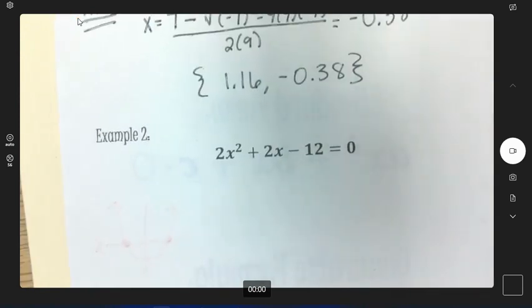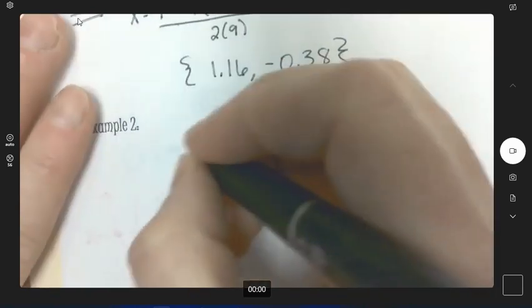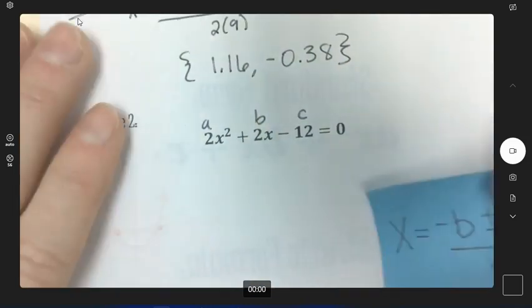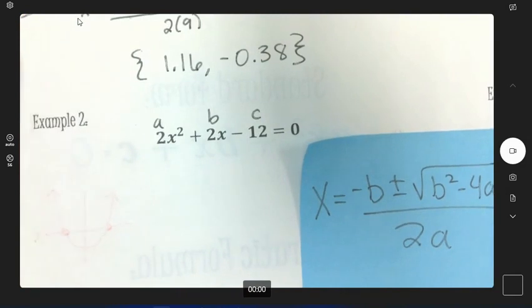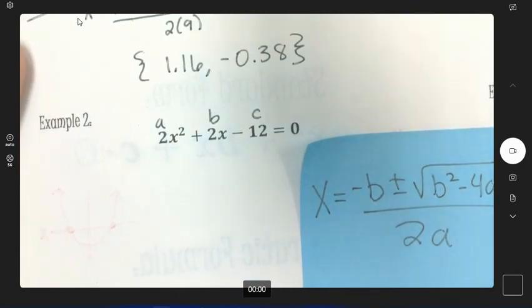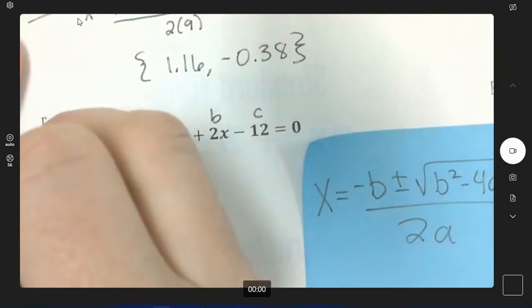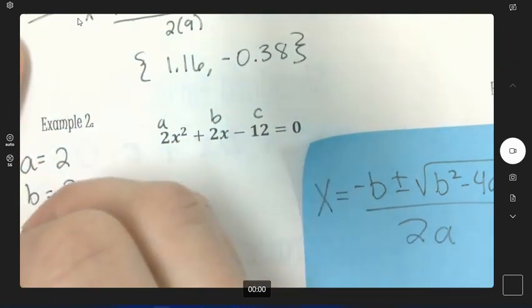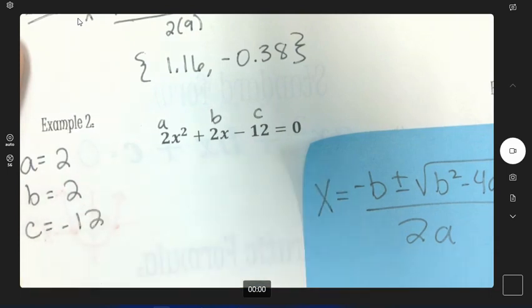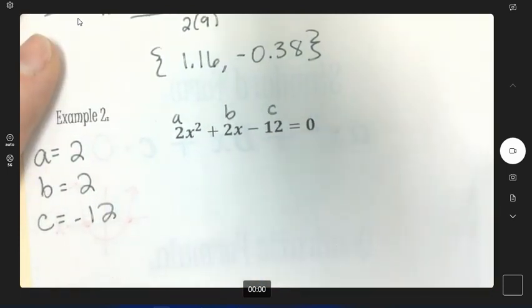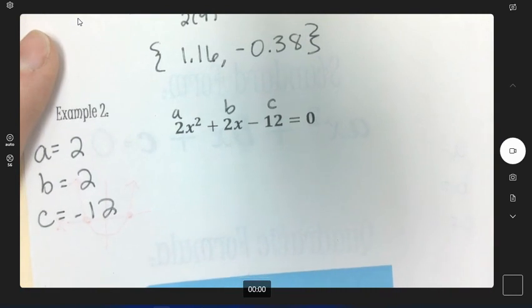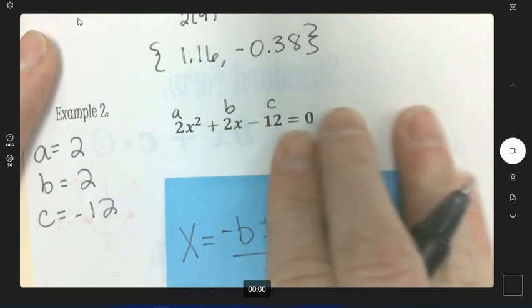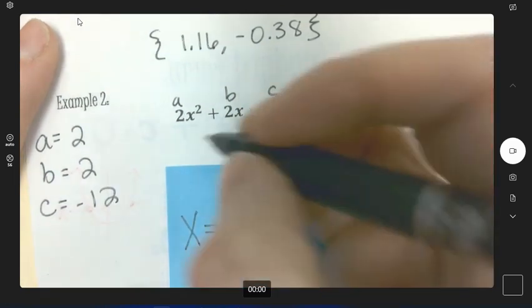Okay, so let's go to the next example. Label A, B, and C. And write it. A is 2, B is 2, C is negative 12. So let's write it.